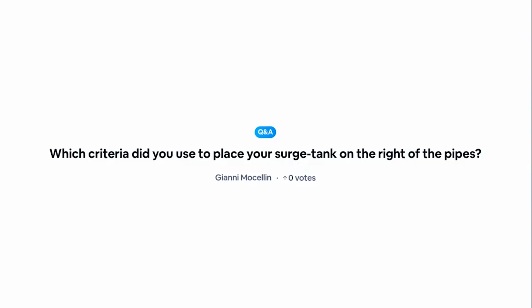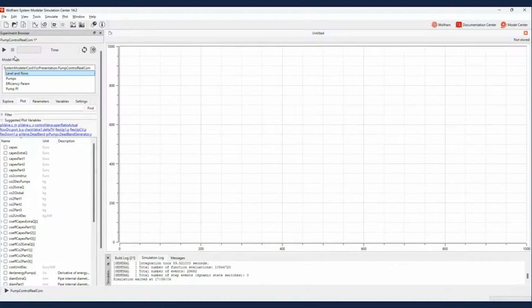If you mean the location, it's common engineering knowledge from water hammer transient analysis that we should continue the supply of water as close as possible to the point where there has been a shortage of water.